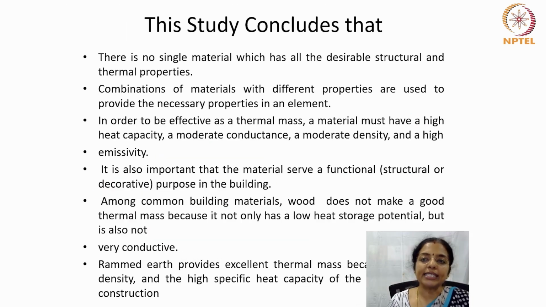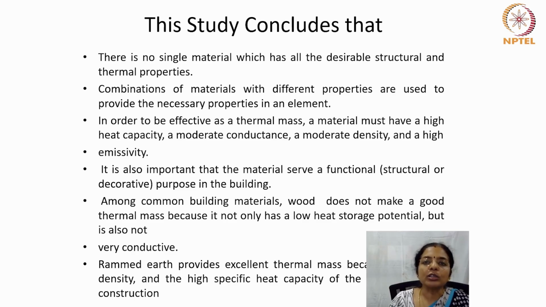So this study concluded that there is no single material which has all the desirable structure and thermal properties. Combinations of materials with different properties are used to provide the necessary properties in an element. In order to be effective as a thermal mass, a material must have a high heat capacity, a moderate conductance, and a moderate density with high emissivity.